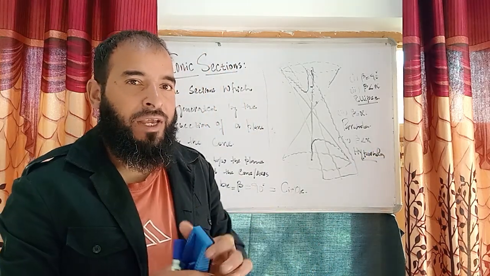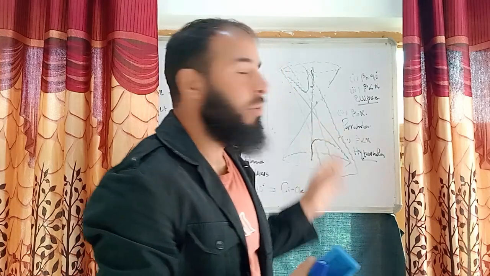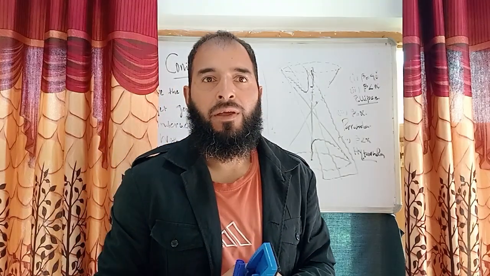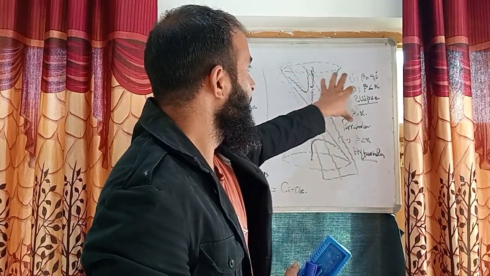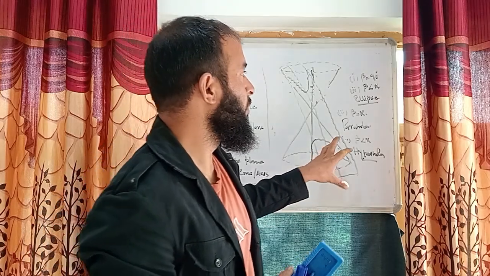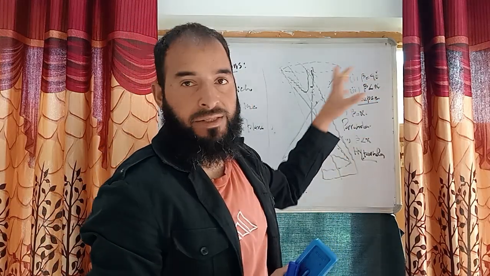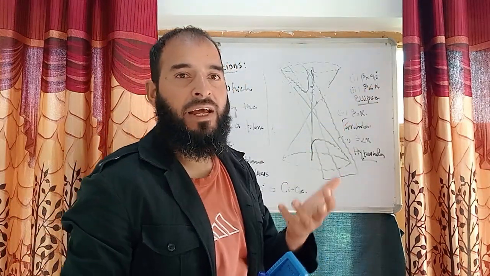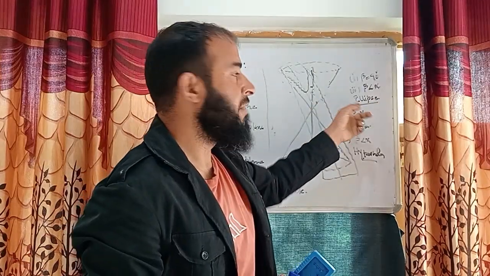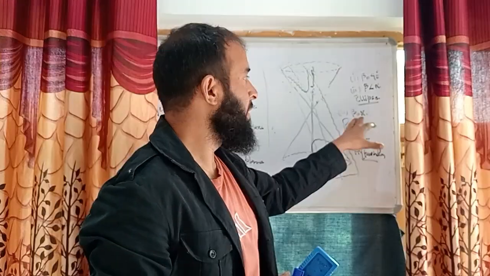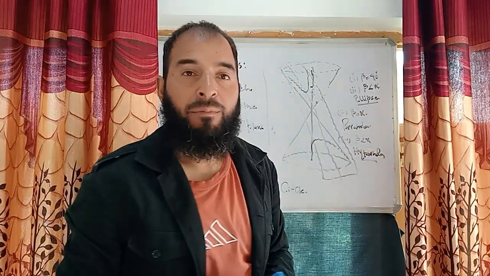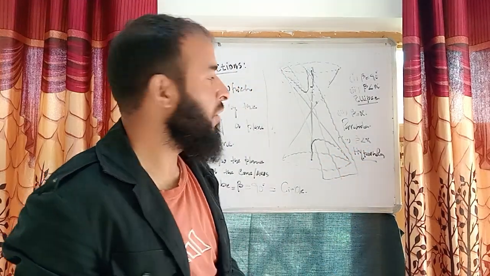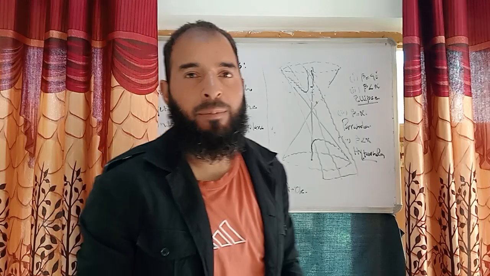So when we cut a cone at different angles with the help of a plane, we get different sections of a cone. When beta is 90, we get a circle. When beta is less than alpha, we get an ellipse. If beta equals alpha, we get a parabola. And when beta is less than alpha in the other orientation, we get another section of the cone, the hyperbola.